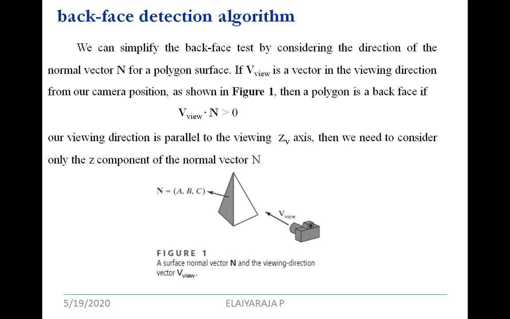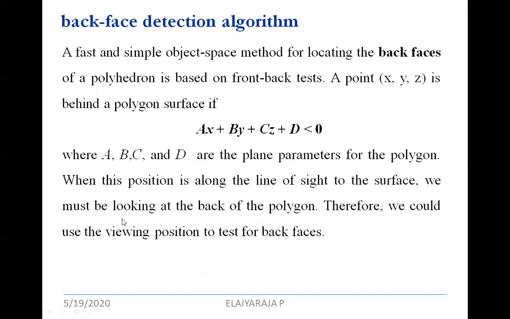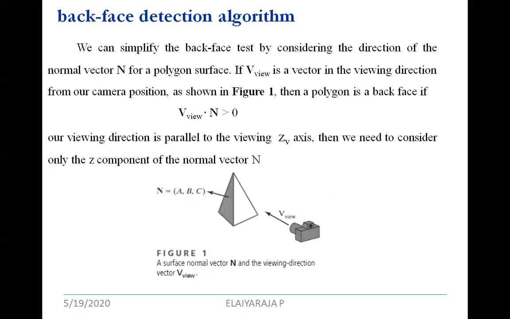That you are not going to draw, you are going to reject, right? So given the plane equation, ax plus by plus cz plus d less than 0 means behind the polygon surface. Normally, how do you calculate the normal vector?